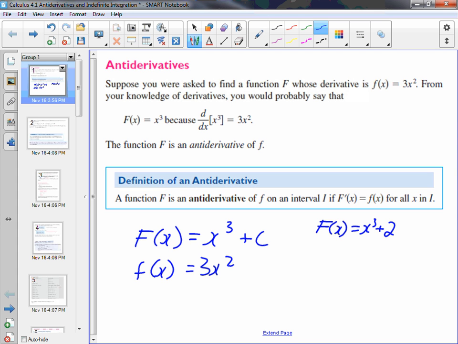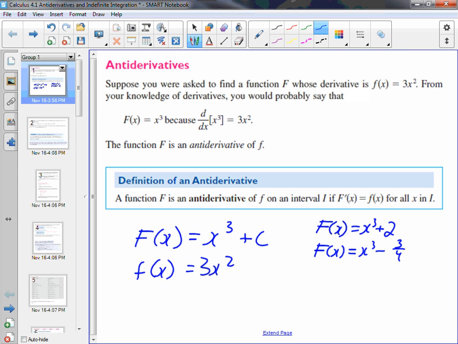So it's an antiderivative of 3x squared. If capital F of x equals x cubed minus 3/4, is its derivative 3x squared? That's just it. There's not one original function. There's a family of those functions that have the derivative of 3x squared.